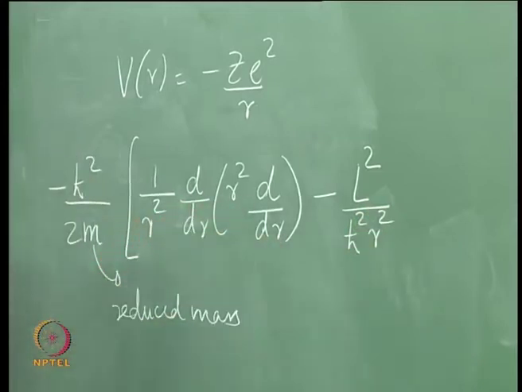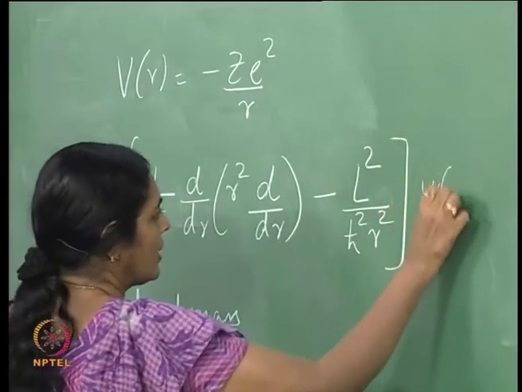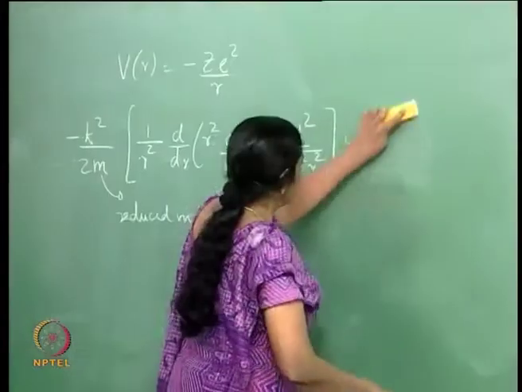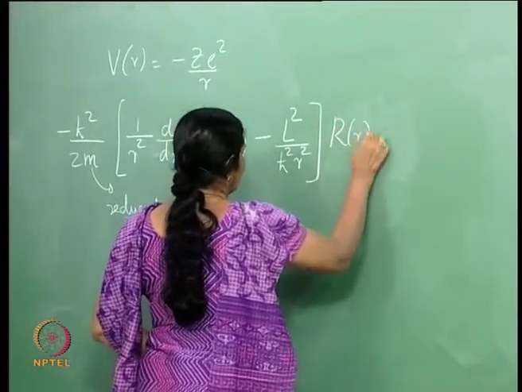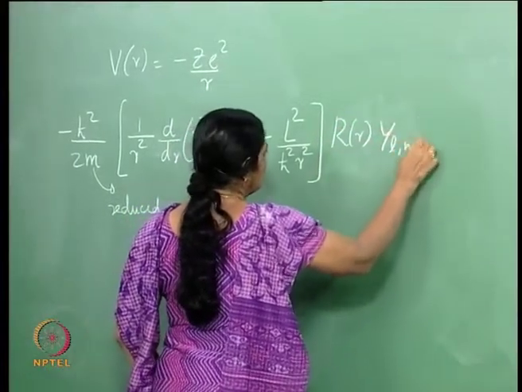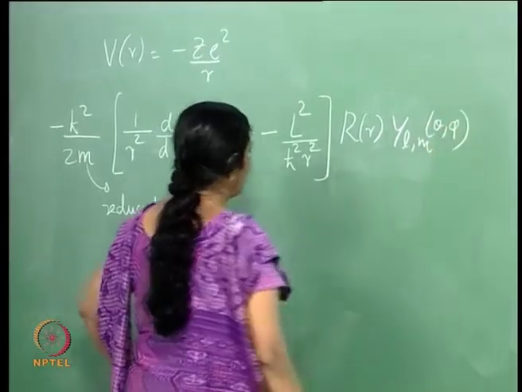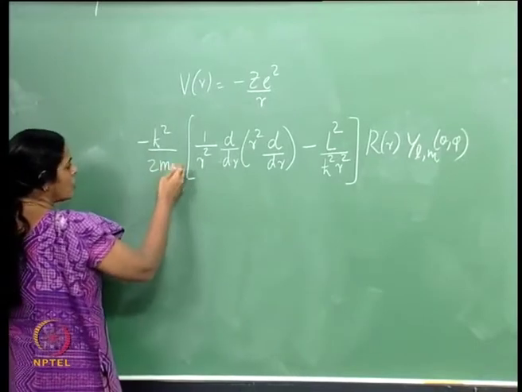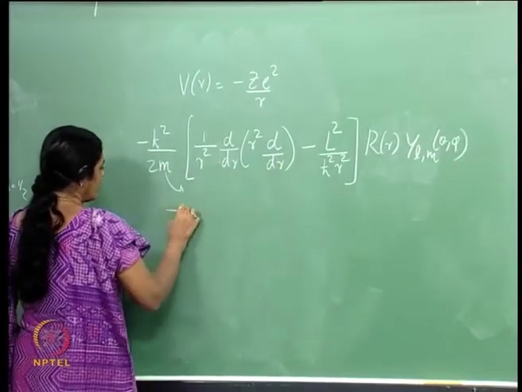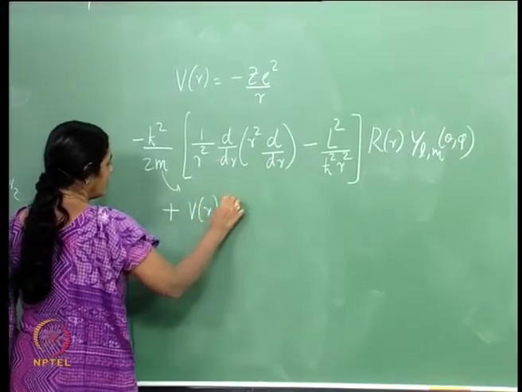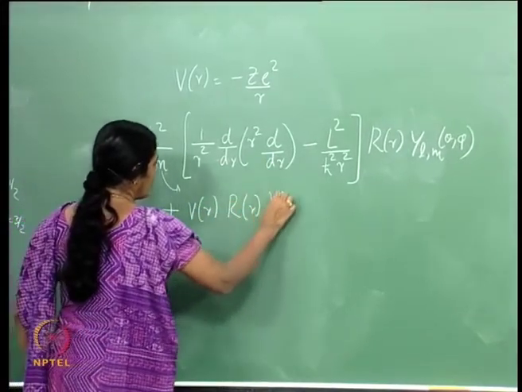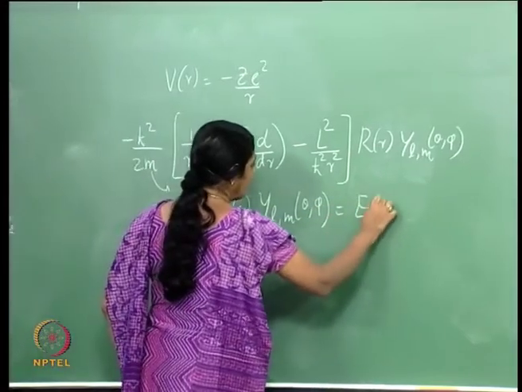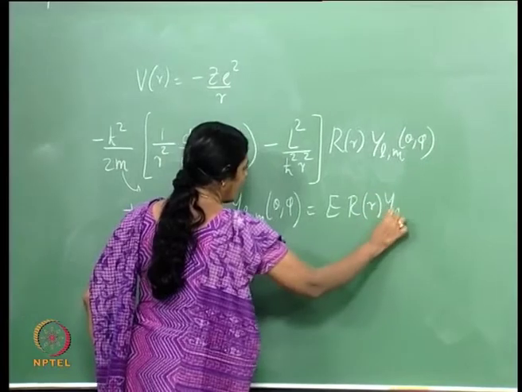This is del squared. psi of r theta phi, which I can write as R of r Y L M of theta phi, so we have minus h cross squared by 2m del squared plus V of r acting on R of r Y L M of theta phi equals E R of r Y L M of theta phi.